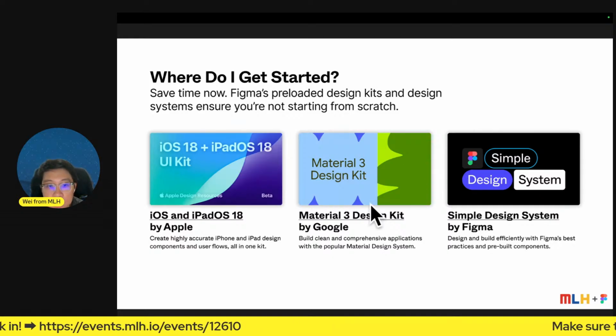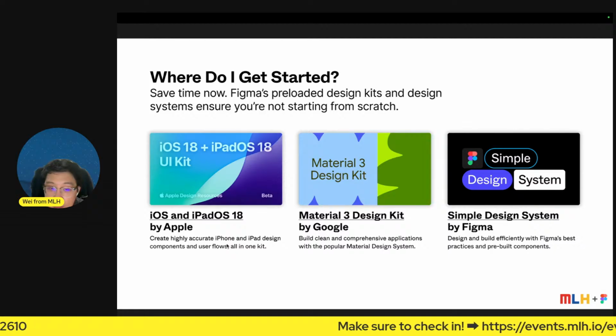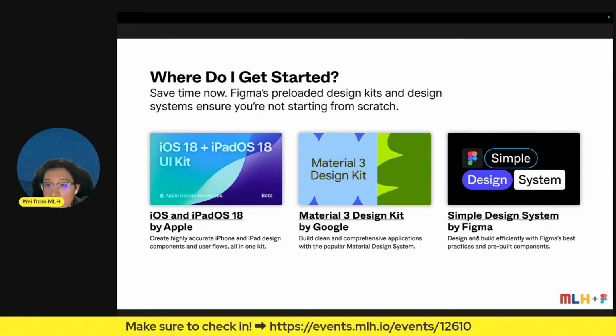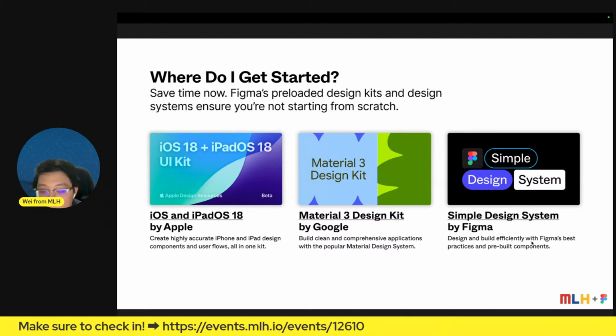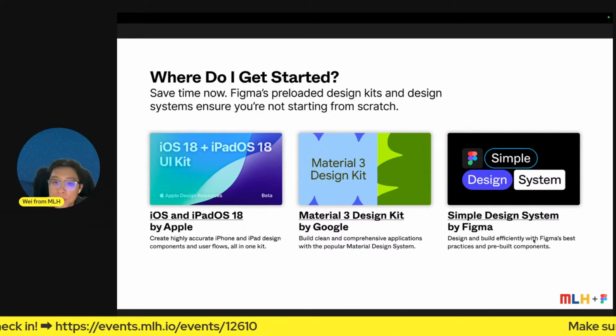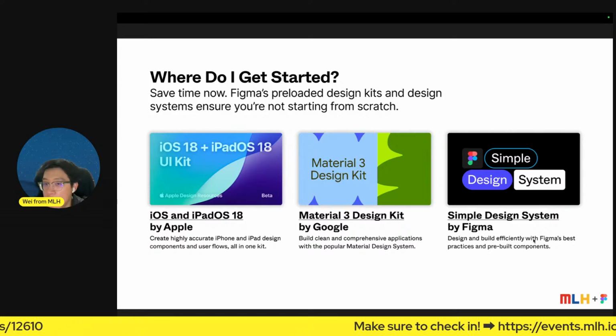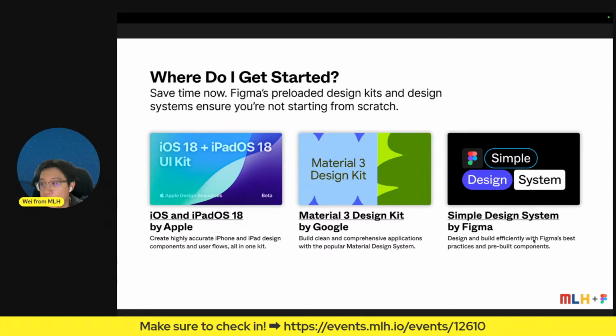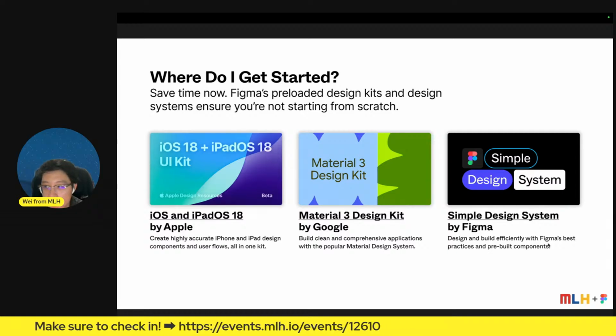With these three design kits, regardless of iOS, macOS, Material UI for Google, Android, or just using the Figma Simple Design System, they make it super, super easy for you to get started and create designs that look amazing. And the key theme here we're trying to say is Figma helps you save time using these design kits.